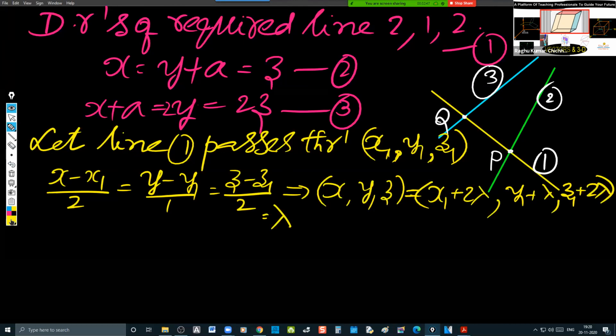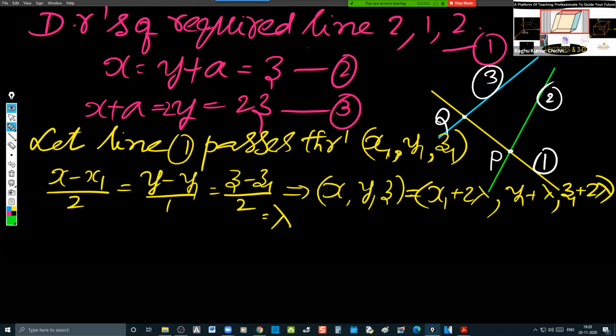Now I'm changing the color to green because I'm talking about line 2. Line 2 is drawn in green. So what is the point to be taken here?